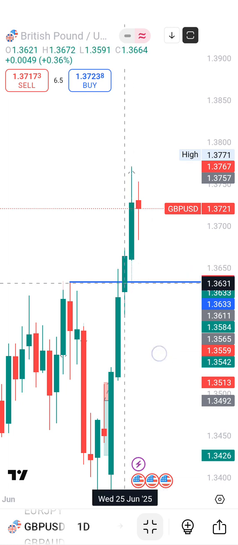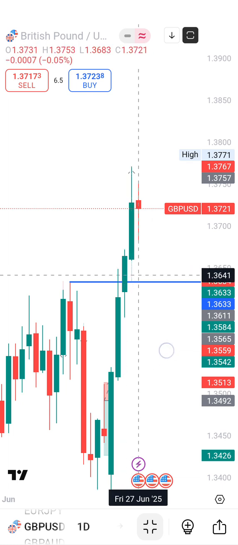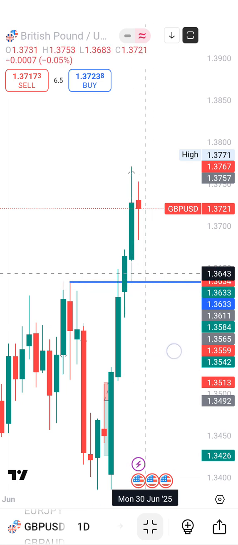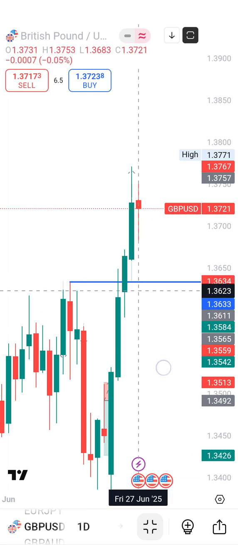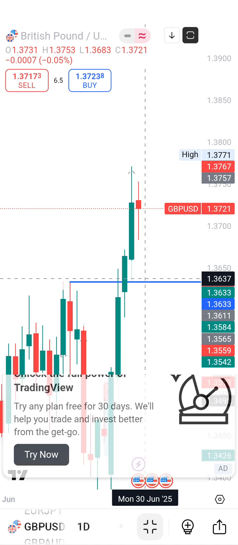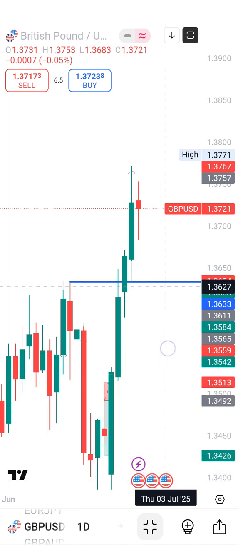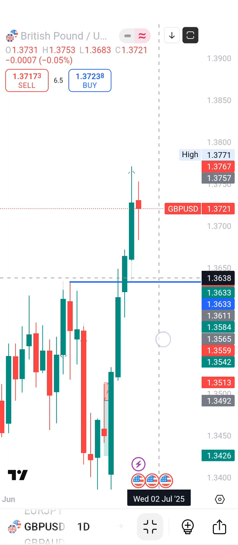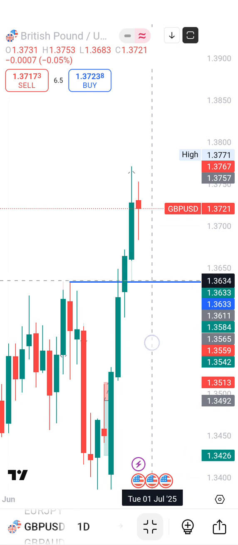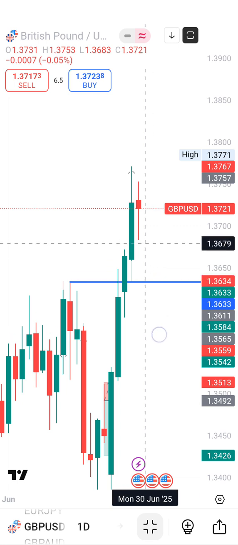Now, before you can go for a bullish move at all, watch out how price closes around this level. If price wicks it up, right? If price should wick this line and closed above it, what do you do? The next day, or if you can get an entry here, just take your buy and let the market do its thing. All right.